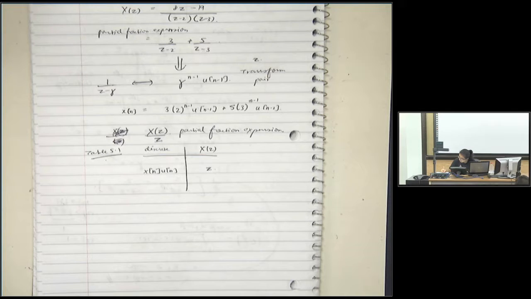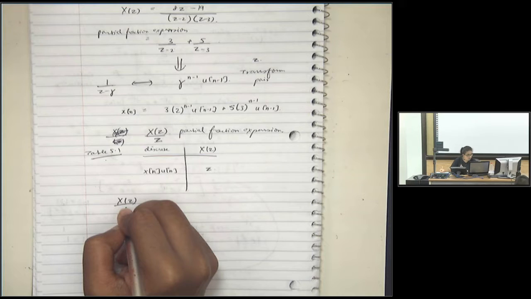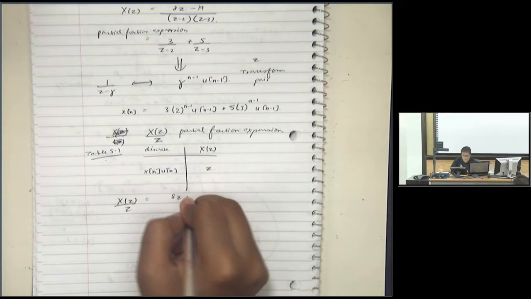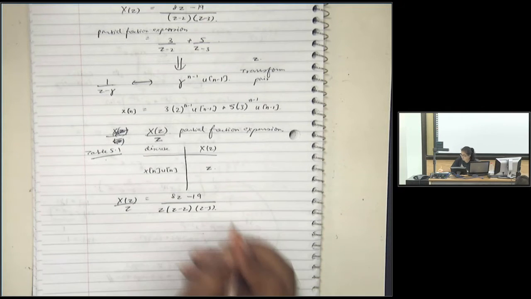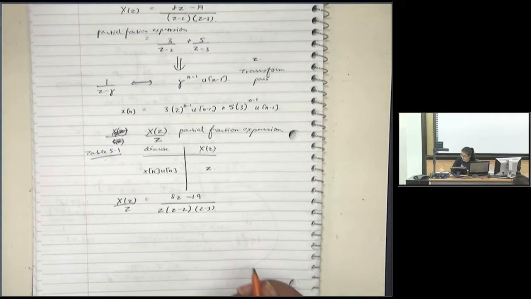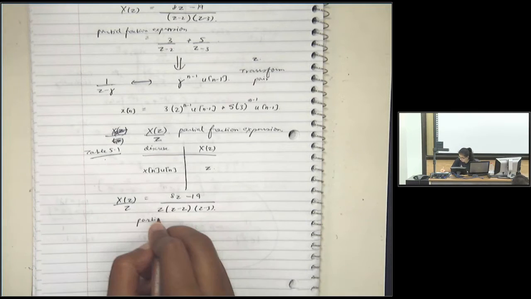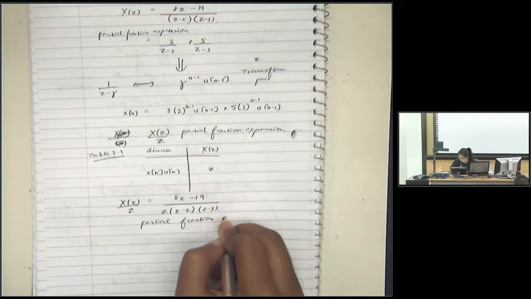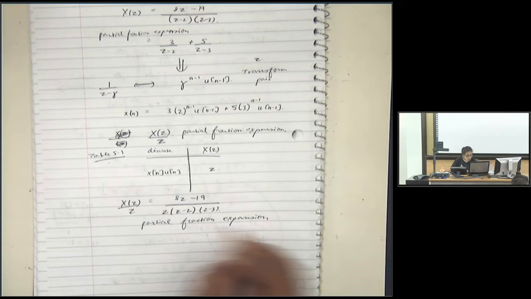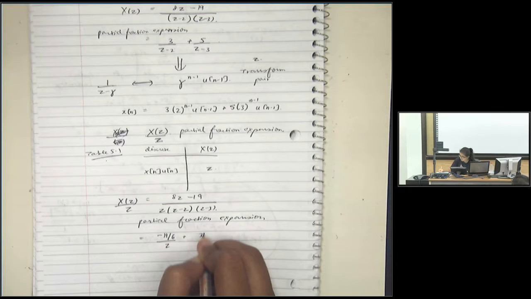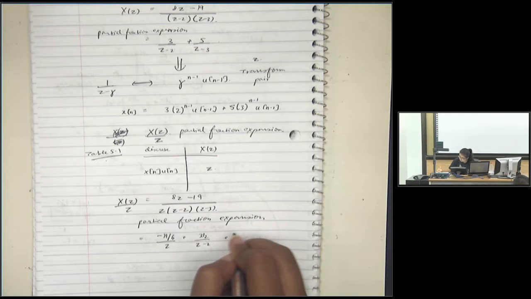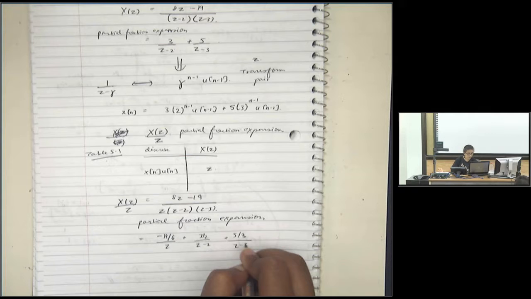So now, let's come back to the example. X(z) over z will now be 8z minus 19 over z, z minus 2, z minus 3, correct? And now do the partial fraction expansion. Okay, now this will give us minus 19 over 6 over z plus 3 over 2 over z minus 2 plus 5 over 3 over z minus 3.